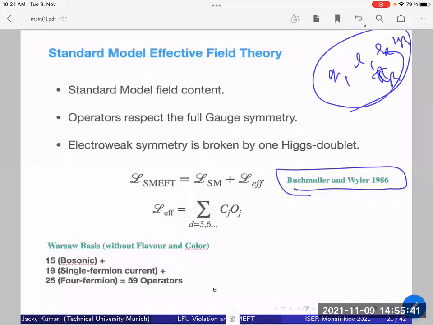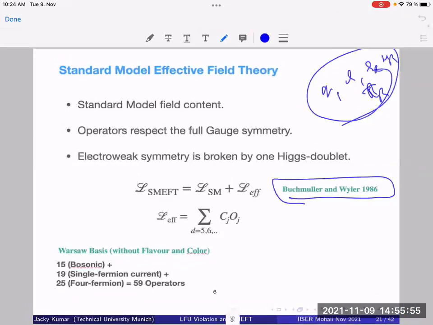So they listed all the dimension 6 operators in 1986, but this was later corrected by the Warsaw group. So now this is known by the name of the Warsaw basis. What you have is the standard model extended with a list of effective higher dimension operators.